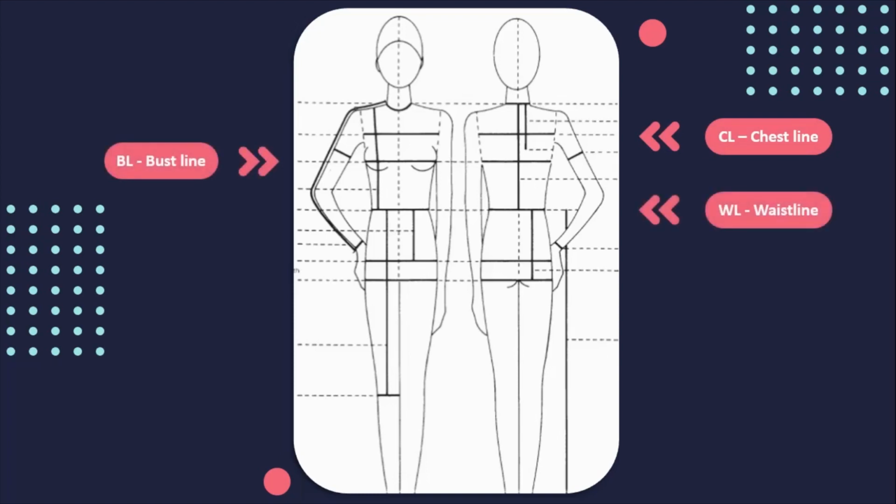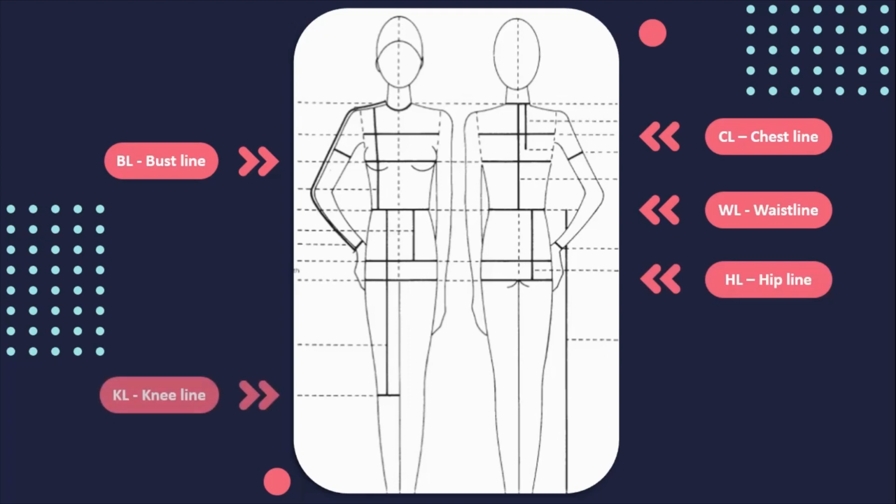The waistline is the smallest part of your torso, and the hip is the opposite. It is the widest part of your bum. And then we have our knee line. As you can see, there are many other lines like high hip, low hip, high waist, and elbow lines, but the ones you see on screen are the ones we use the most.